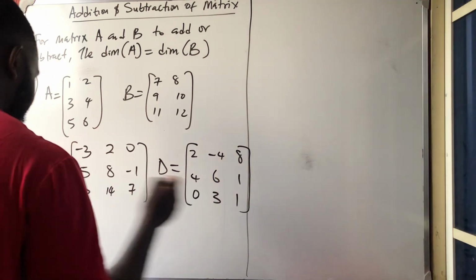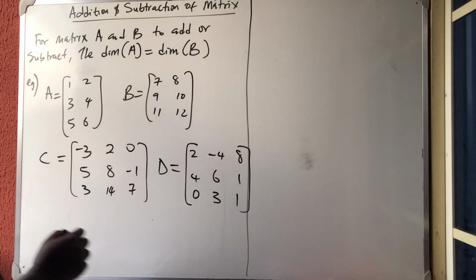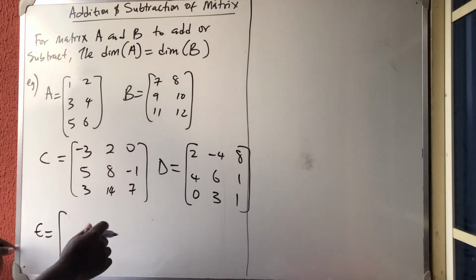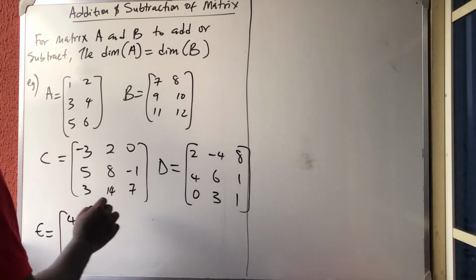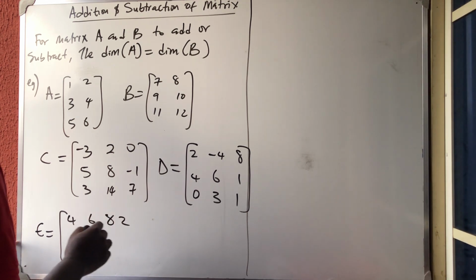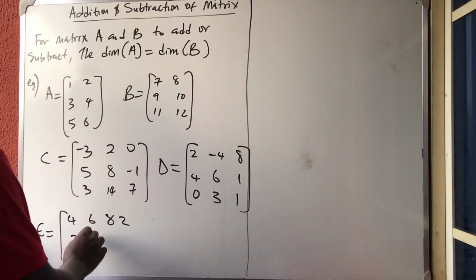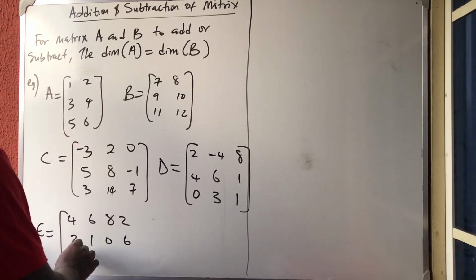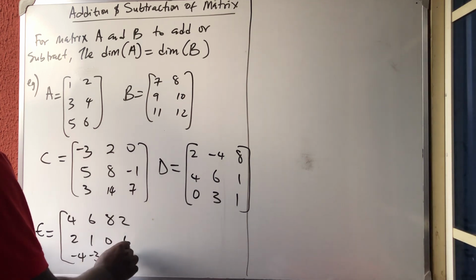Then matrix E is equal to 4, 6, 8, 2, 2, 1, 0, 6, minus 4, minus 3, 1, 3.